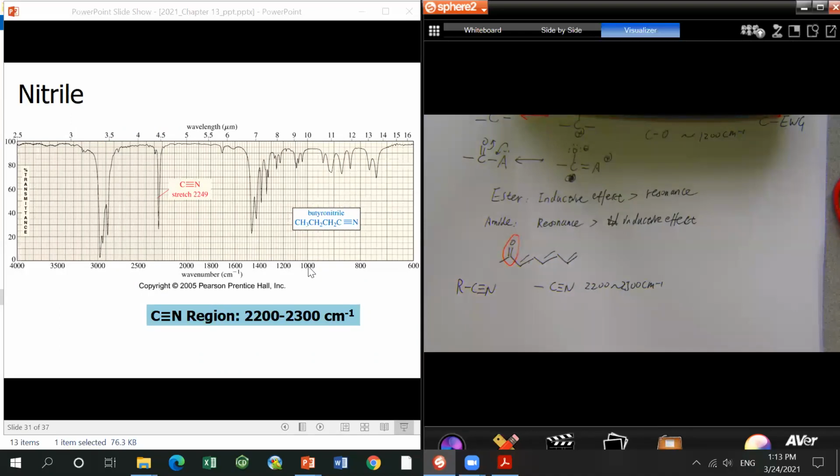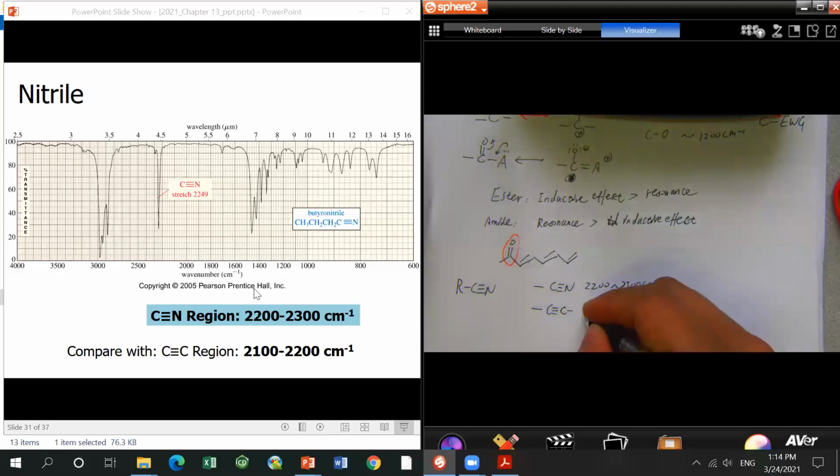How do we distinguish the C≡N triple bond from the C≡C triple bond? The C≡C triple bond is from an alkyne. Remember, it's about 2100 to 2200, which is somehow lower than the C≡N triple bond.